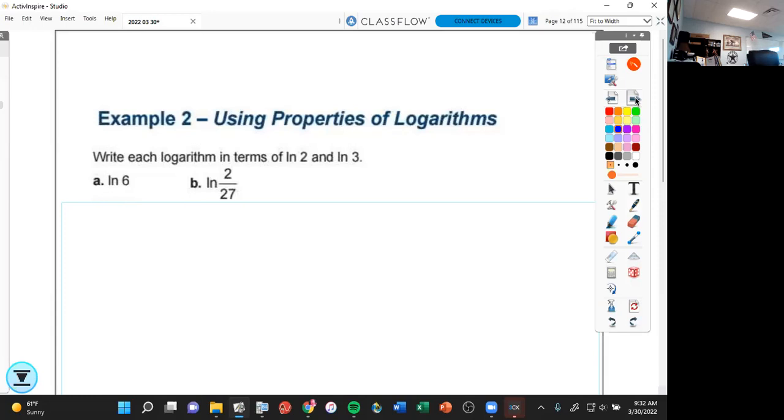Okay, so would you agree that the natural log of 6 is the same thing as the natural log of 2 times 3? Yes. How would you rewrite this using the property we just talked about? Natural log of 2 plus the natural log of 3. Folks, it's that simple.